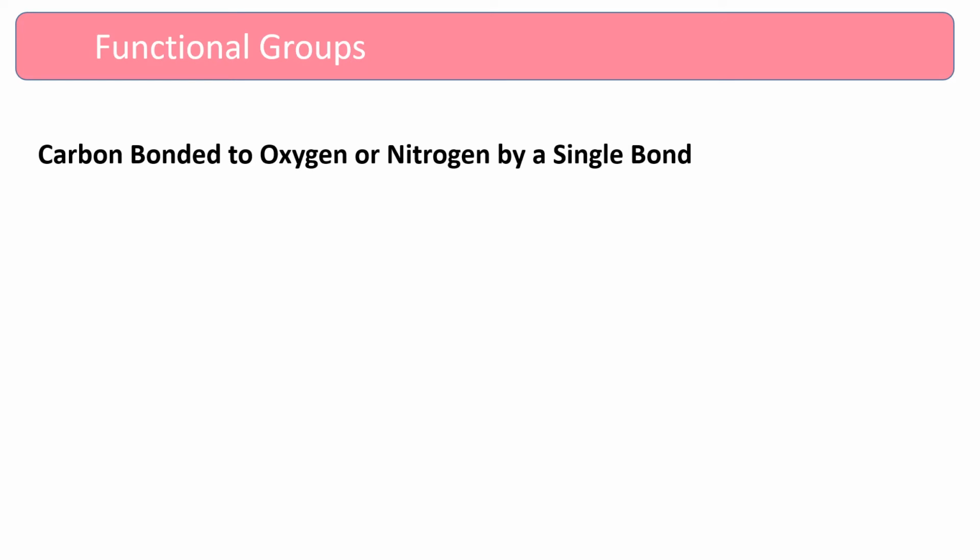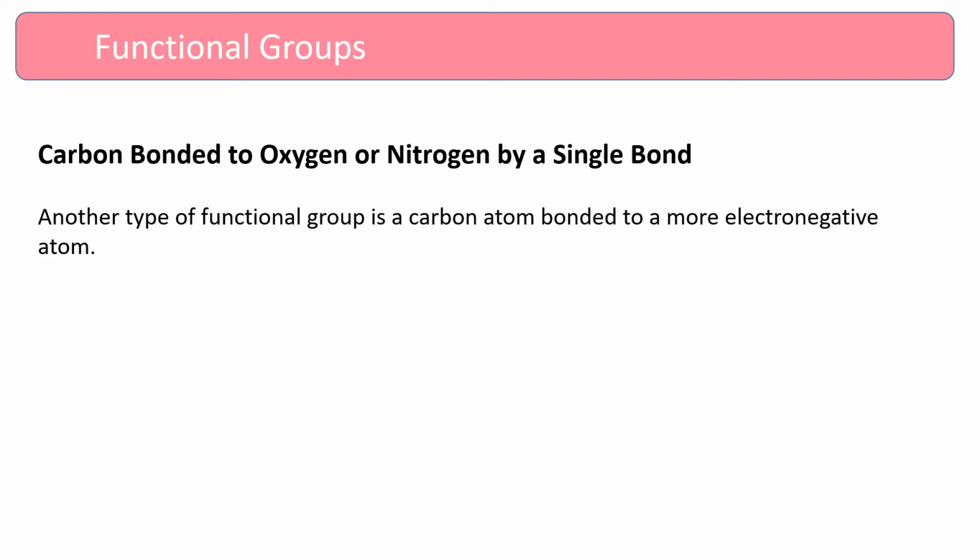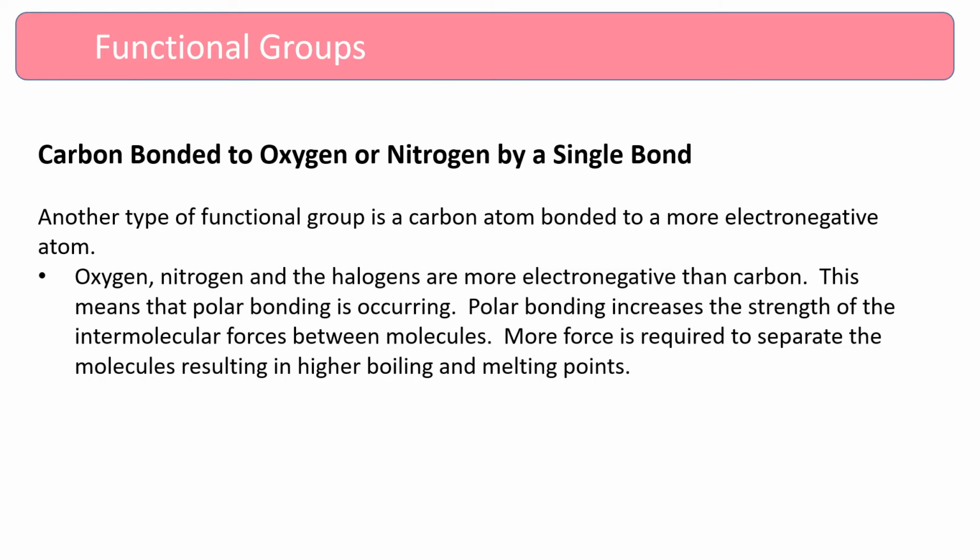The carbon bonded to oxygen or nitrogen by a single bond. Another type of functional group is a carbon atom bonded to a more electronegative atom. Oxygen, nitrogen, and the halogens are more electronegative than carbon.